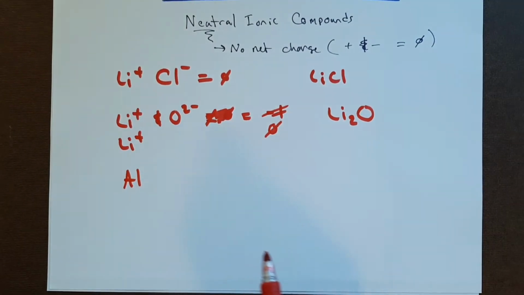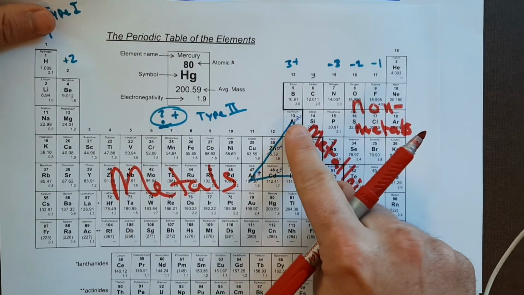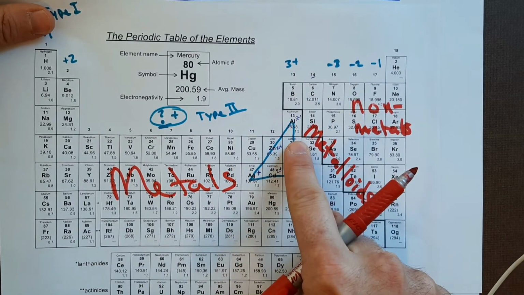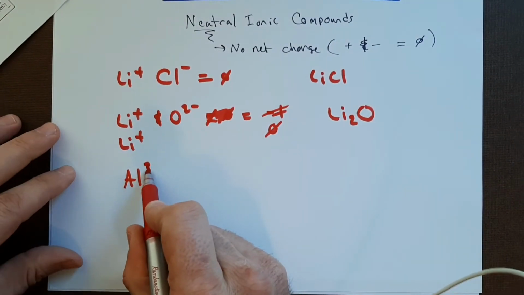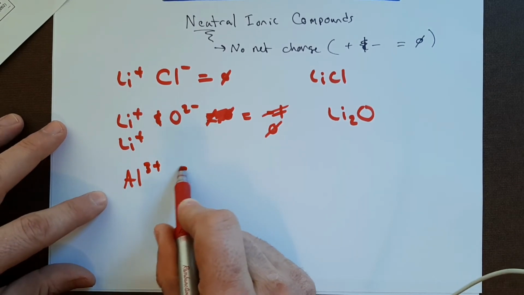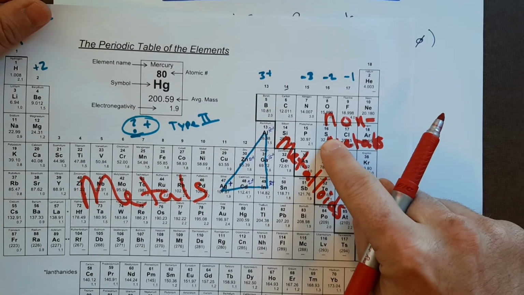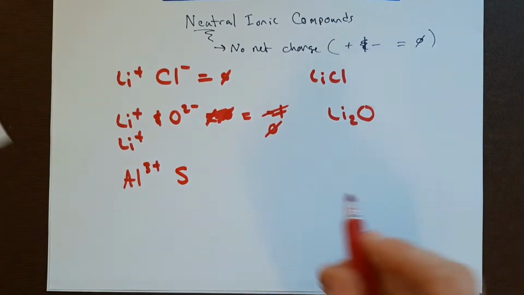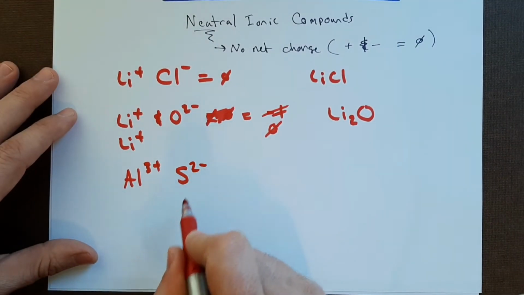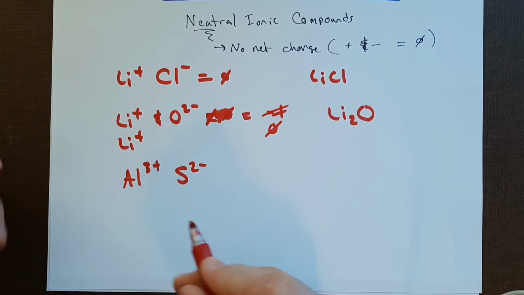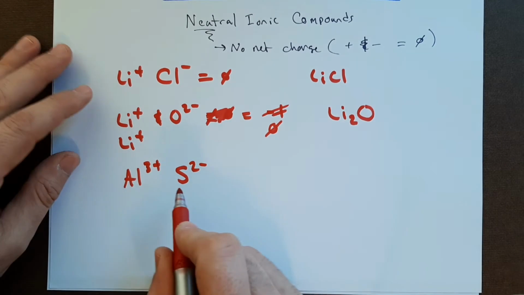Aluminum, which is right here, has a 3 positive charge combined with sulfide, which is the negative ion of sulfur over here, which would have a -2 charge. So if those two wanted to combine to make a neutral ionic compound, it gets a little complicated.